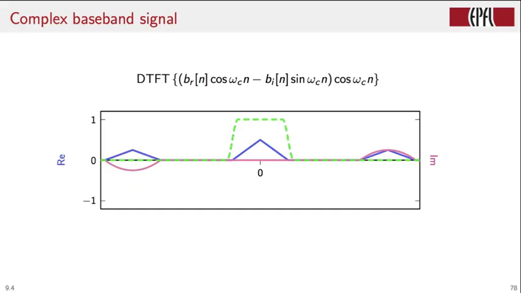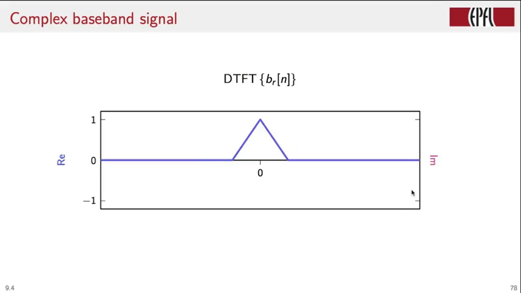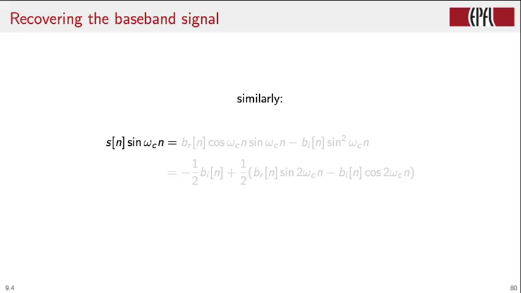When we use this, we have what is called a matched filter configuration, where we use the same filter at the receiver that we used at the transmitter. This filter will eliminate the components out of the baseband, and we will recover the original real part of the baseband signal. We can do exactly the same for the quadrature component, for the complex part of the baseband signal, and in this case we multiply the received signal by sine of omega c n.